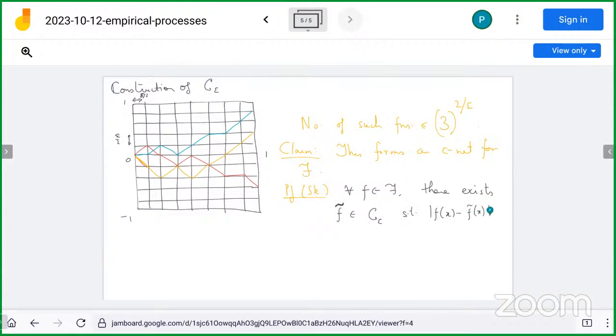If you put the grid points, your function f is close to f tilde on the grid points. And you want to show that in between also it is close. It can't go up and come back down.